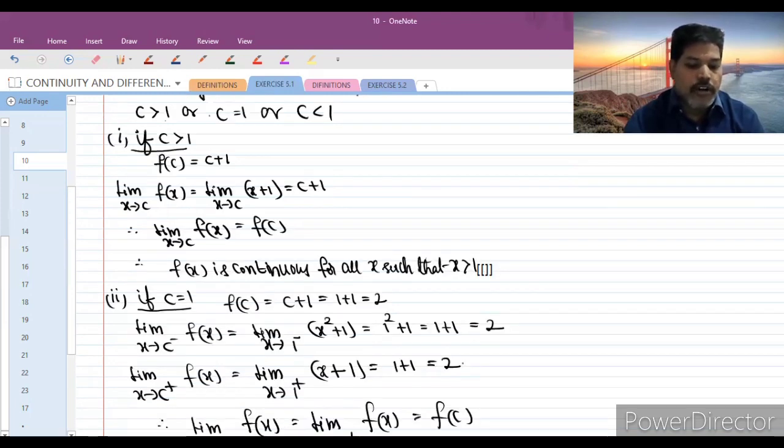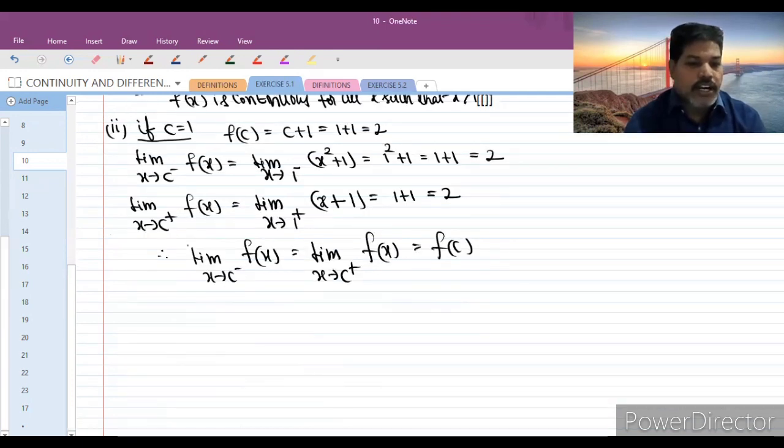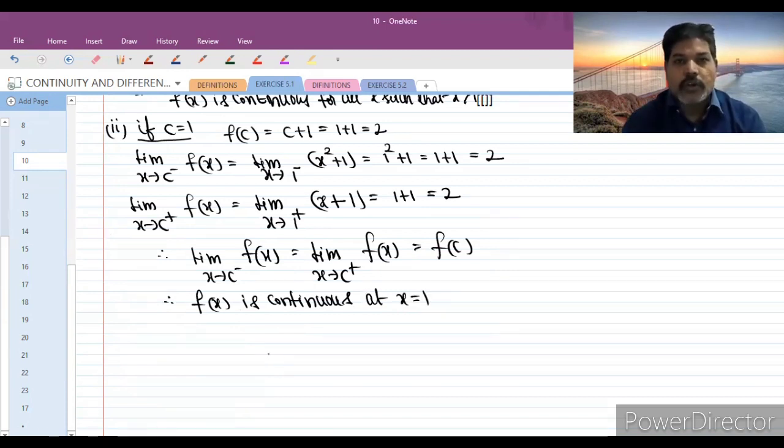Therefore we can conclude that f of x is continuous at x is equal to 1.